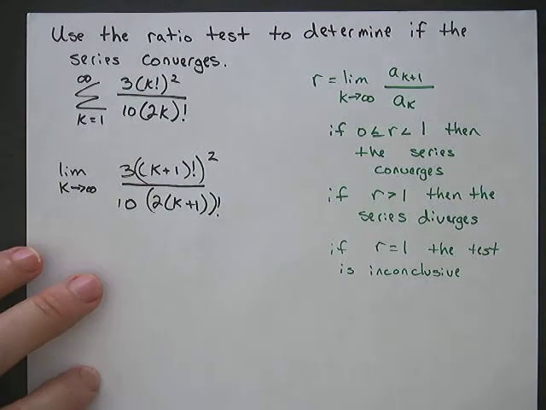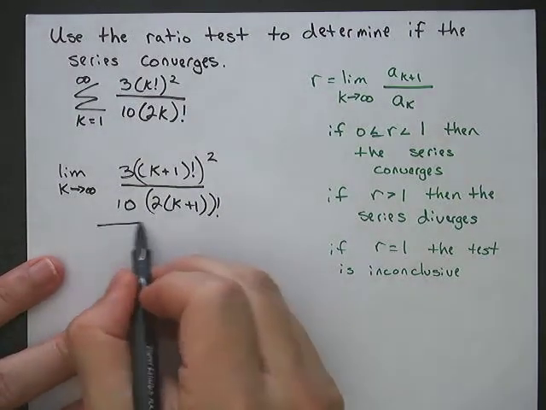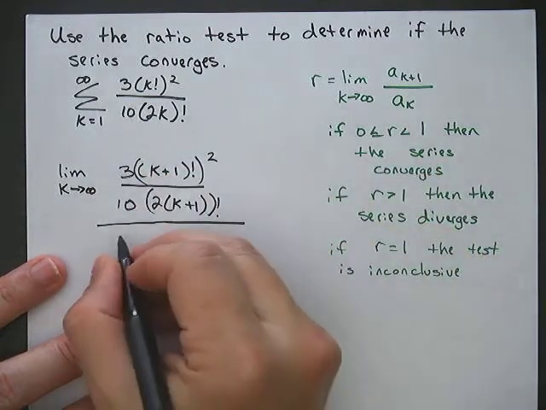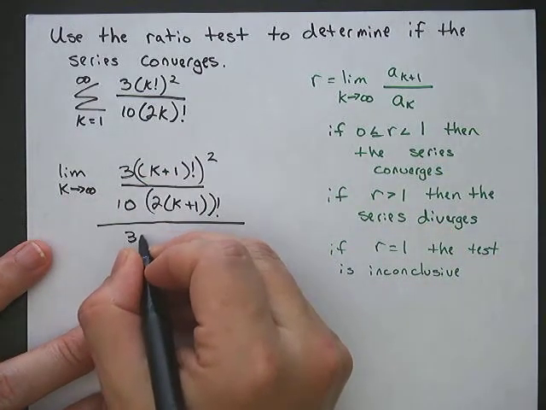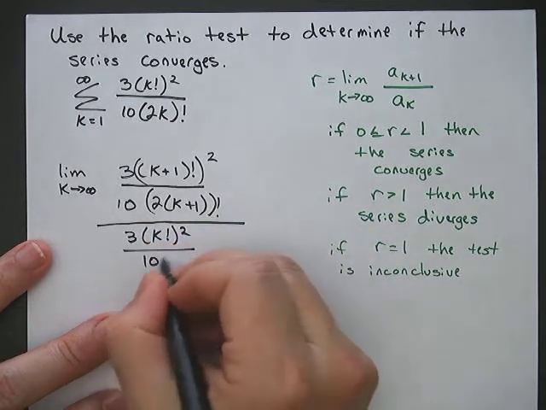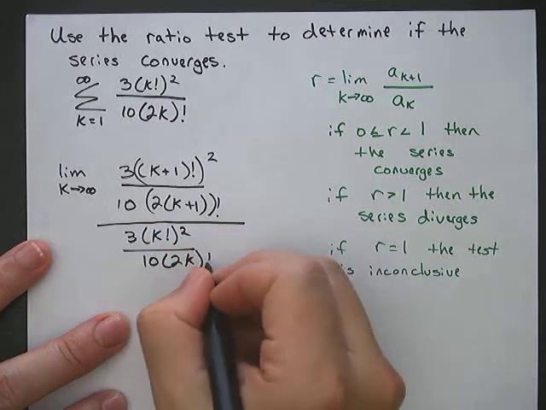Okay, so I'll replace the k with a k plus 1. And then on bottom, we'll put this, because it says just a sub k, so we can just write that. So 3 times k factorial squared divided by 10 times 2k factorial.